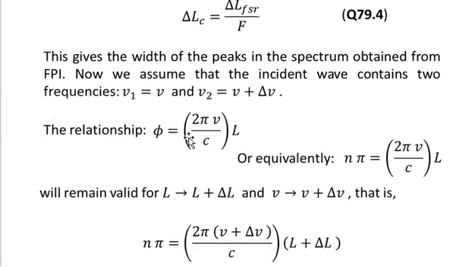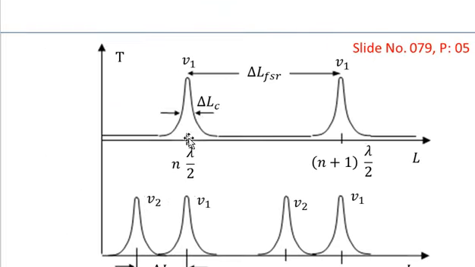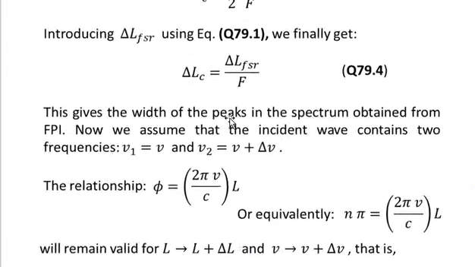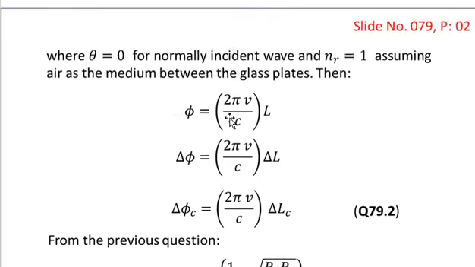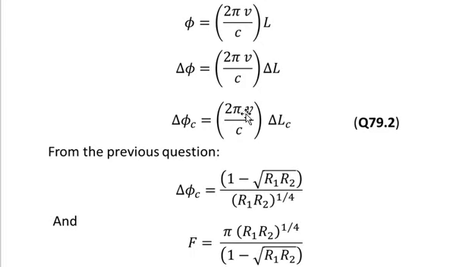In the diagram, I have expressed the width of each peak in terms of delta LC. But if you represent the width of this peak at its half maximum in terms of the phase coordinates, then that value will be represented by delta phi c. So here delta phi c is equal to 2 pi nu over c into delta LC.